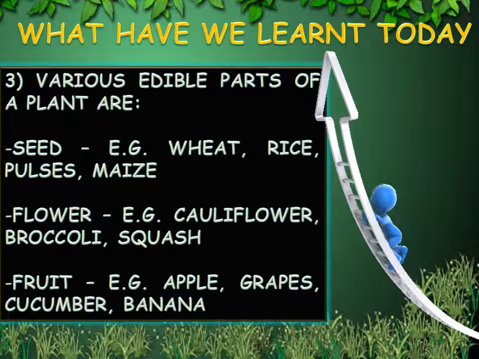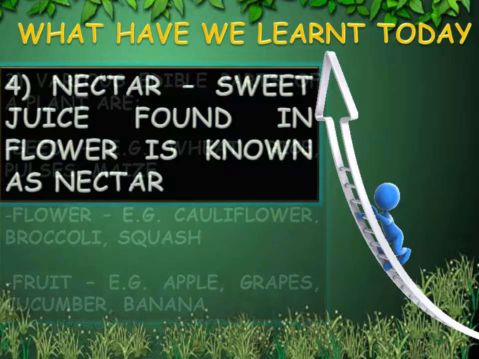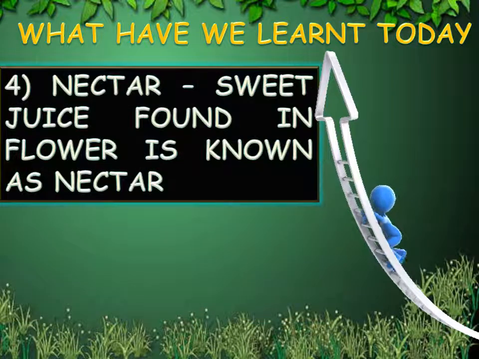Flower. Example, cauliflower, broccoli, squash. Fruit. Example, apple, grapes, cucumber, banana. Nectar. Sweet juice found in flower is known as nectar.